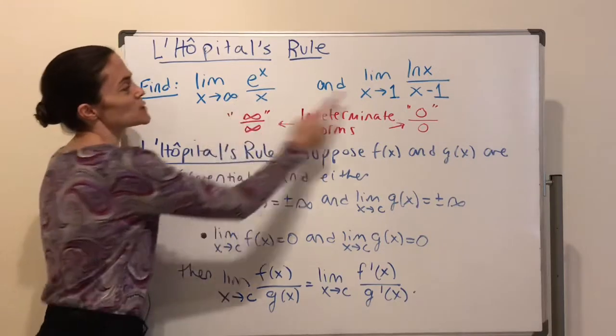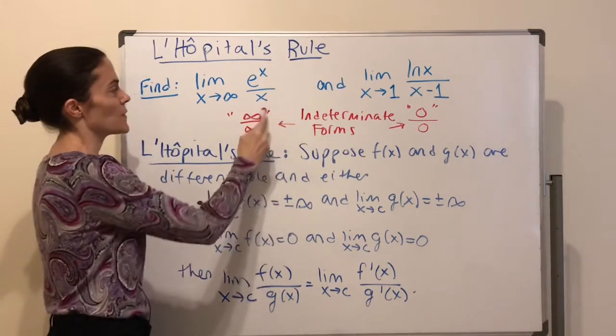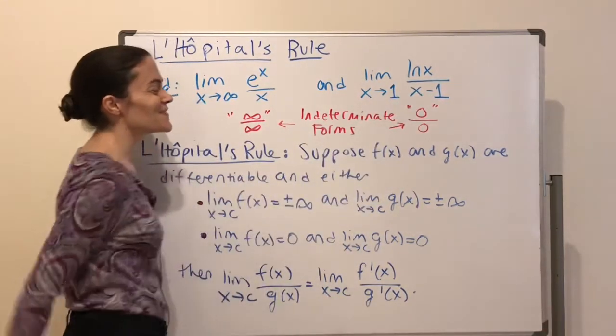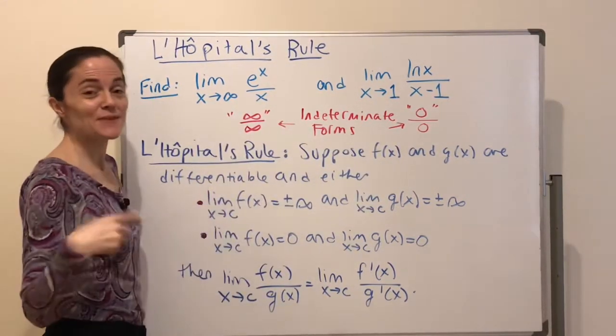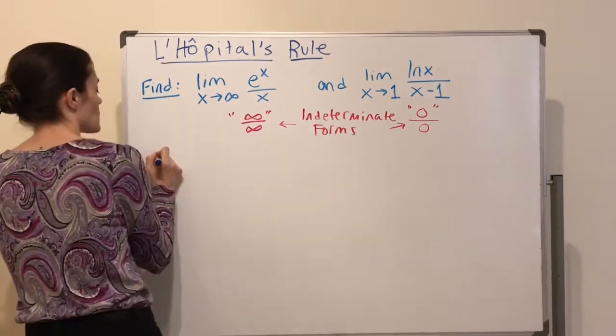Let's do these two using L'Hopital, because we are in the case that we have this indeterminate form and indeterminate form. So let's do these two before we move on to some other examples.